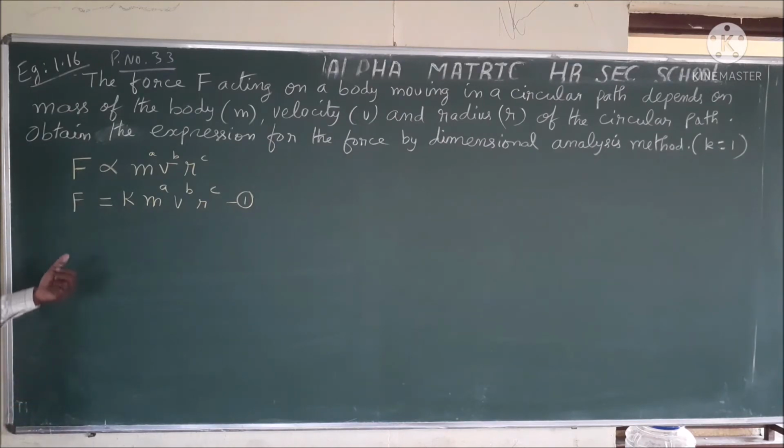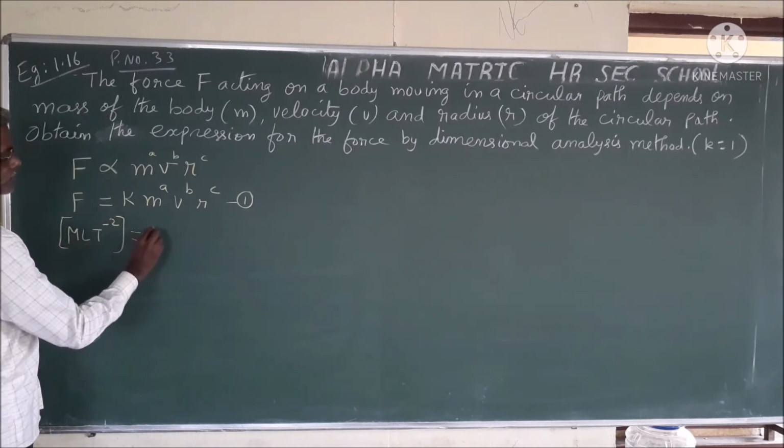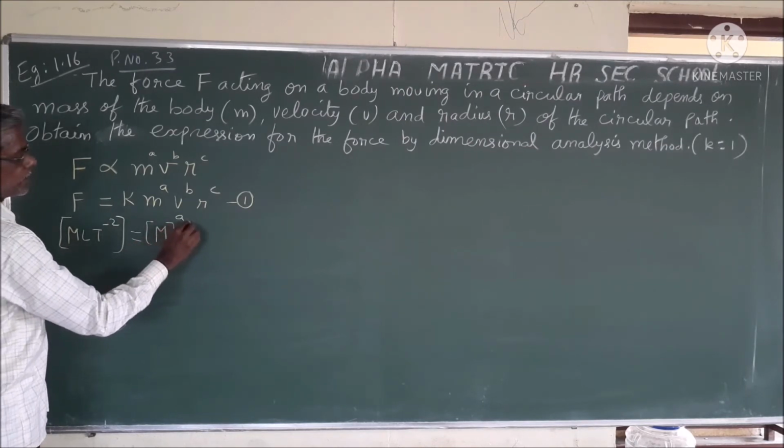Step 1. The first step is to write the dimensional formula. The dimension for force is M L T minus 2. For k, no dimension. For mass, M power a.